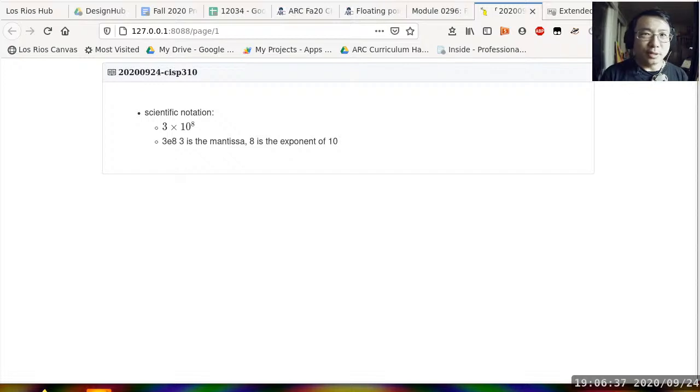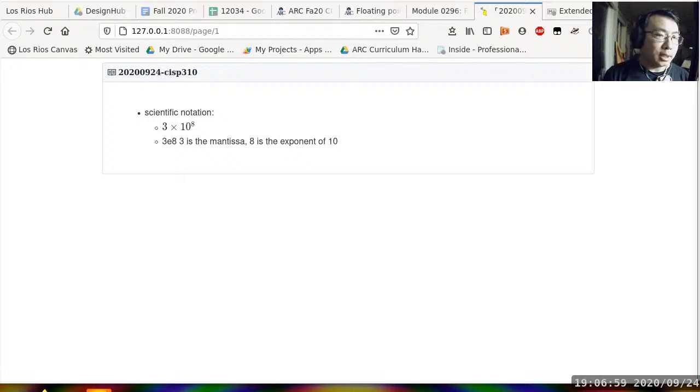That is not the case. 3e8 means 3 times 10 to the power of 8. So this is scientific notation in base 10. Are we doing okay so far, or do we need any clarification of scientific notation in base 10?